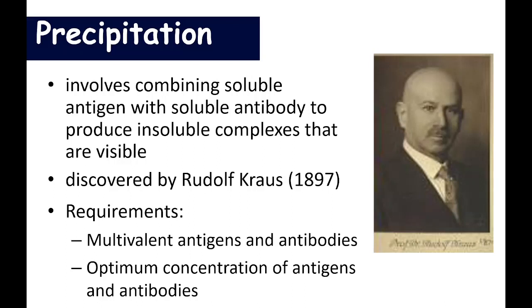Another requirement is that both antigen and antibody concentrations must be optimum for the system. So their concentrations must be approximately equal to each other, or both must be in the zone of equivalence to demonstrate precipitation.